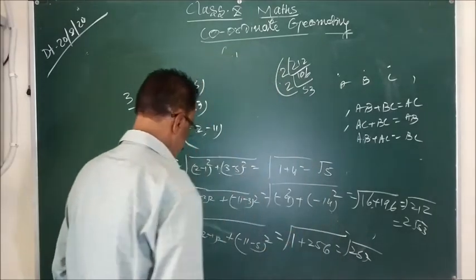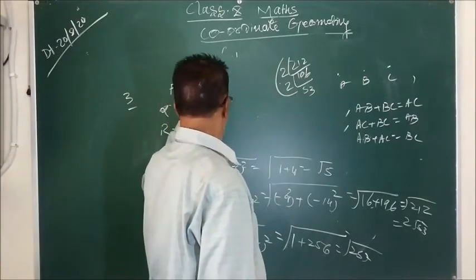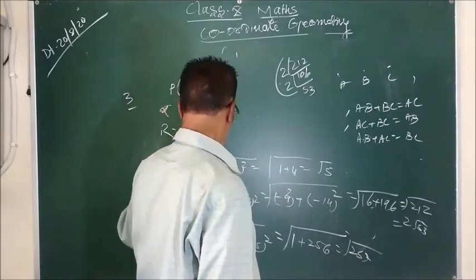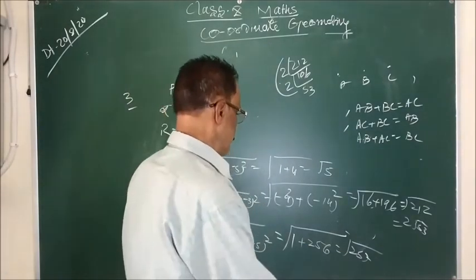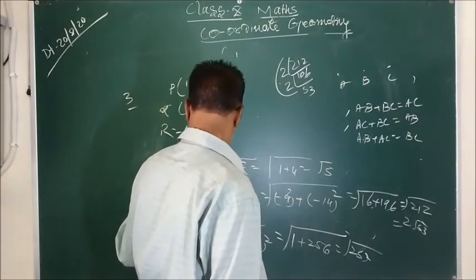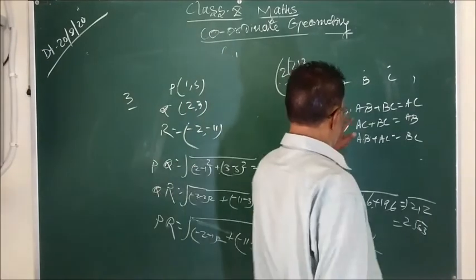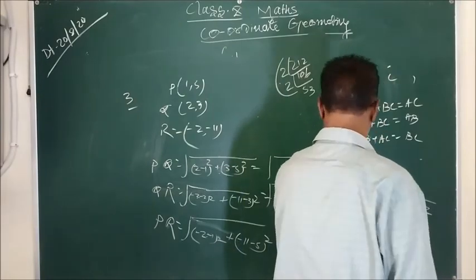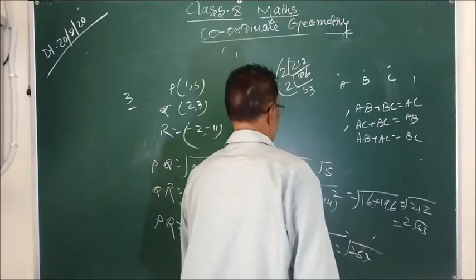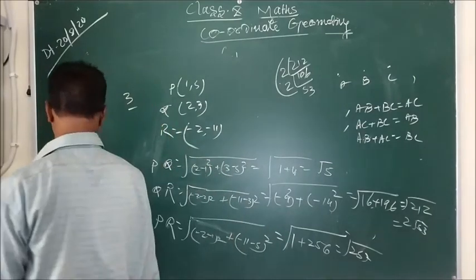Now you see, तो आप देख रहे हैं कि we are getting the distance between points PQ, root 5, QR, 2 root 53, and PR we are getting root 265. इसका मतलब हम देख रहे हैं कि the sum of any two sides is not equal to the third side. Therefore, we can say they are non-collinear.